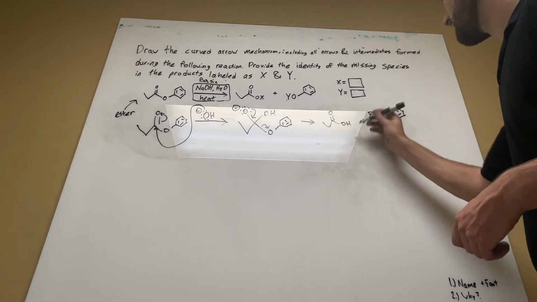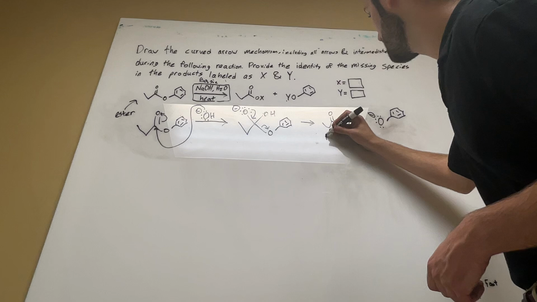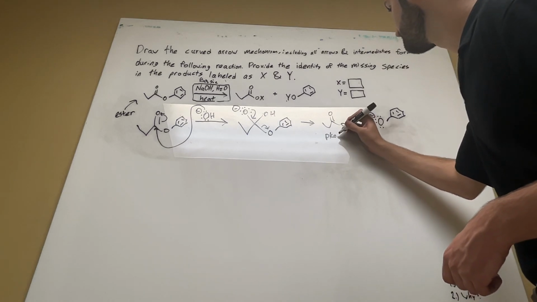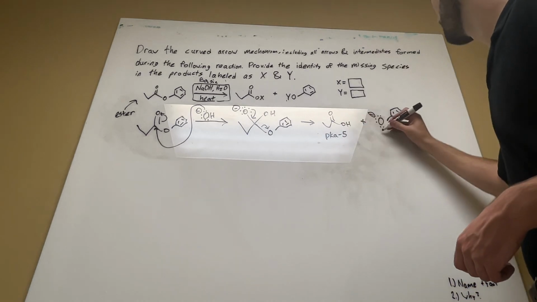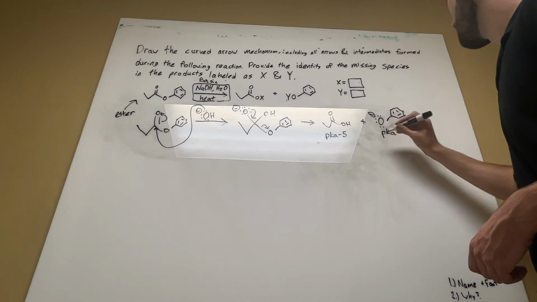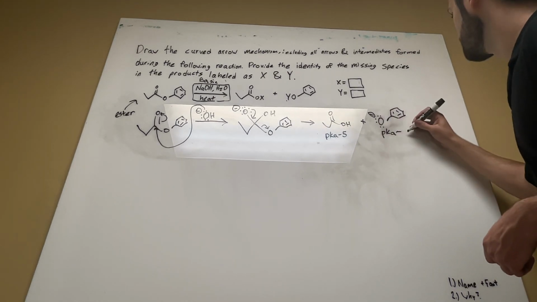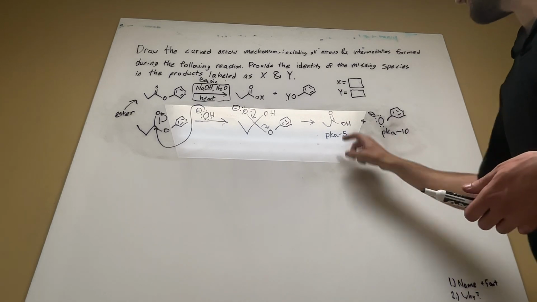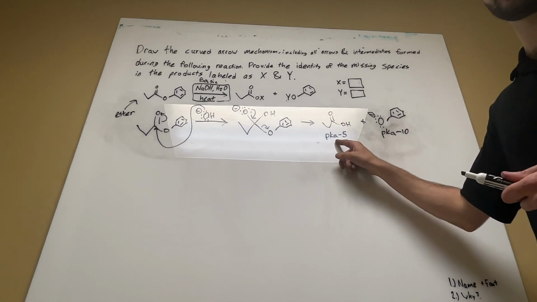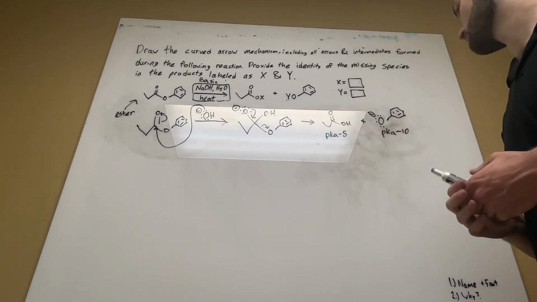And to do that, we gotta look at our pKa's. So the pKa of a carboxylic acid is about 5, while the pKa of phenol, the protonated phenyl, is about 10. So we know that this carboxylic acid with a pKa of 5 is more acidic than this phenyl group.